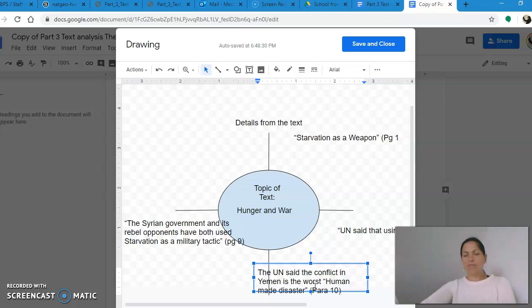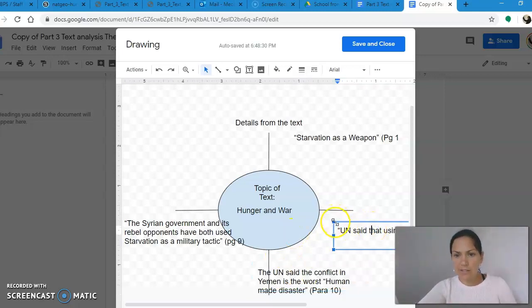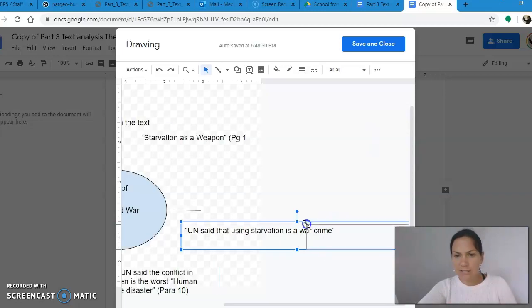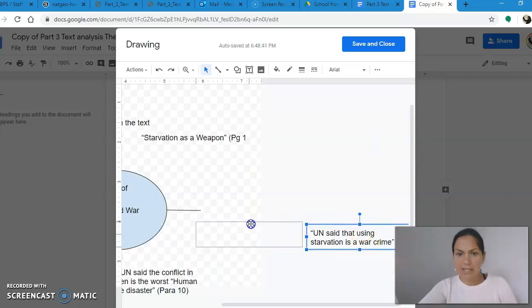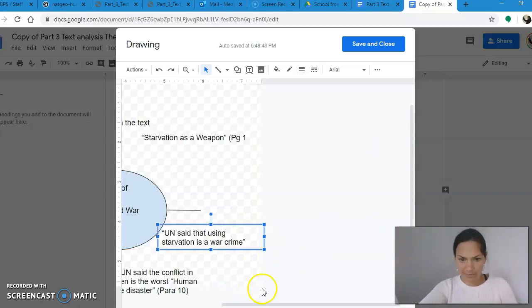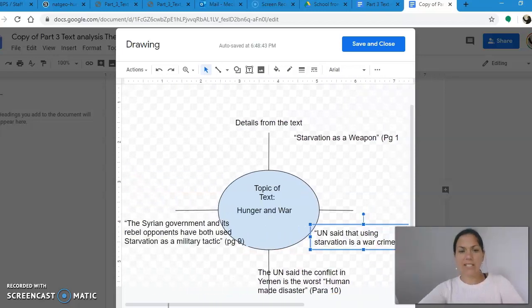So now we have 4 details from the text. Starvation as a weapon. The UN said that using starvation would be considered a war crime. We have another detail that says the Syrian government and its rebel opponents have both used starvation as a military tactic, and the UN said the conflict in Yemen is the worst human-made disaster.